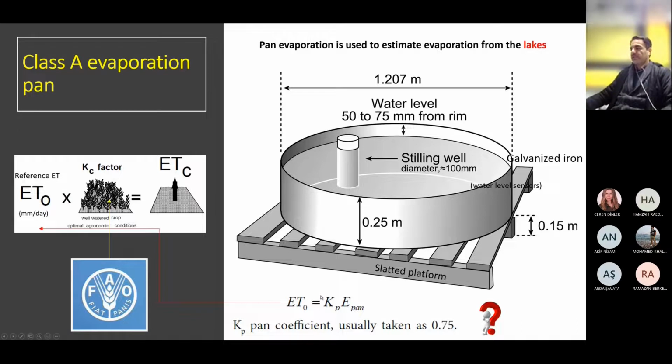Therefore, using pan coefficient Kp, we reduce the amount of E pan.